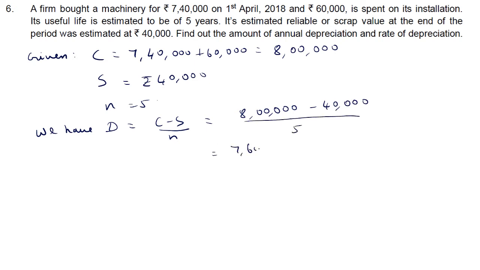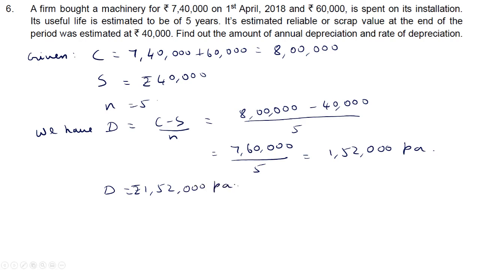So this is 7,60,000 upon 5, which is 1,52,000 per annum. So the annual depreciation, the amount of annual depreciation is rupees 1,52,000 per annum.